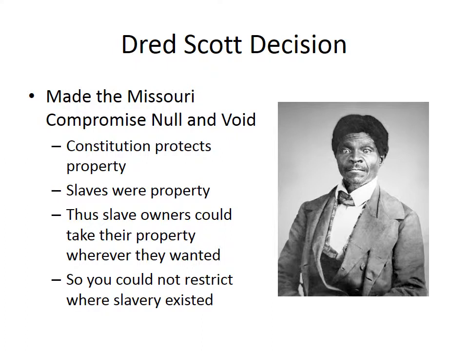So you can't outlaw slavery because it interferes with a person's right to property. So not the greatest moment for the Supreme Court, but you do need to be aware of the Dred Scott decision.